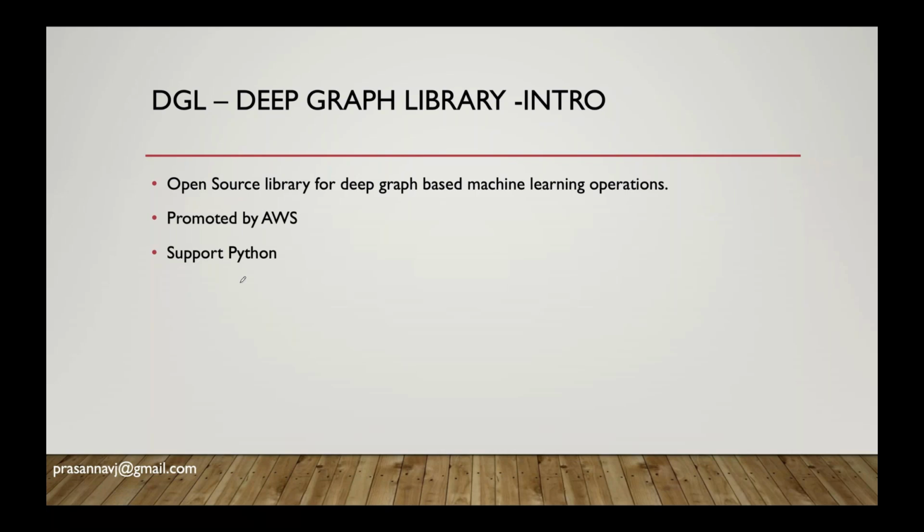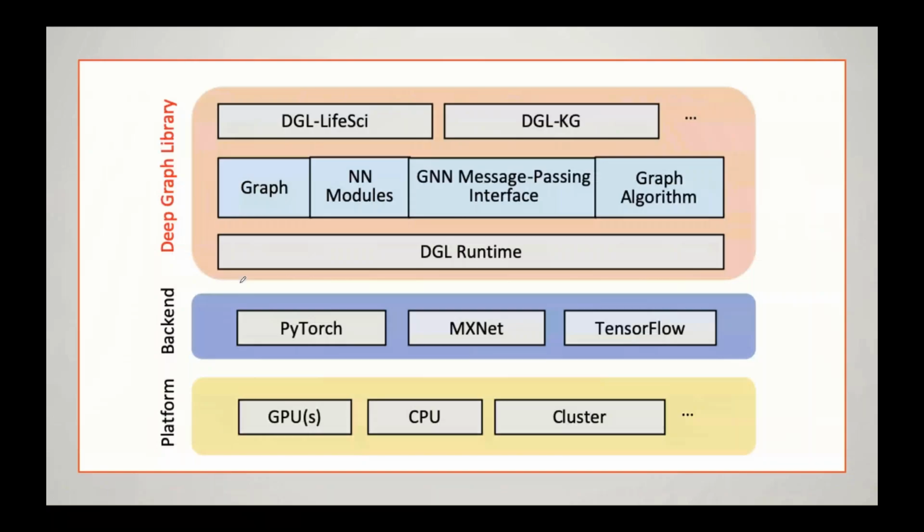This is the architecture of the actual DGL, where the beauty of the DGL is it can work with PyTorch, TensorFlow, and also MXNet for your actual operation. The DGL provides your DGL runtime and graph handling, and your neural network modules are available.